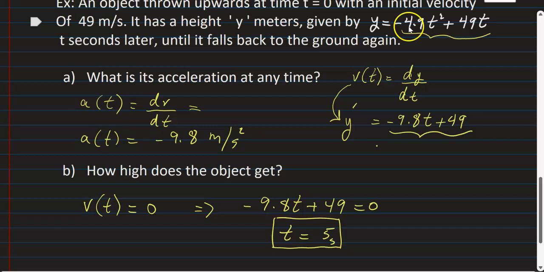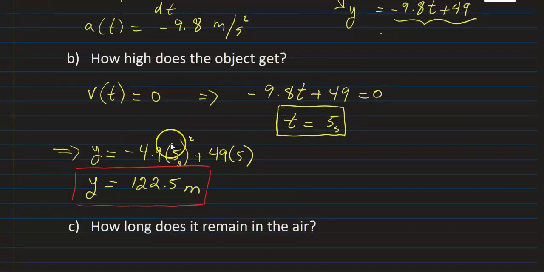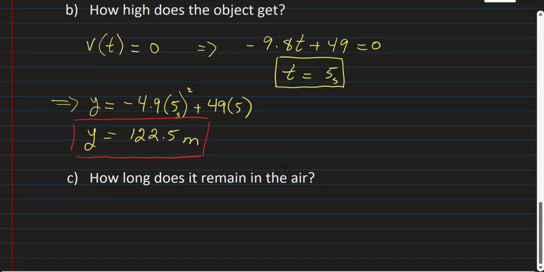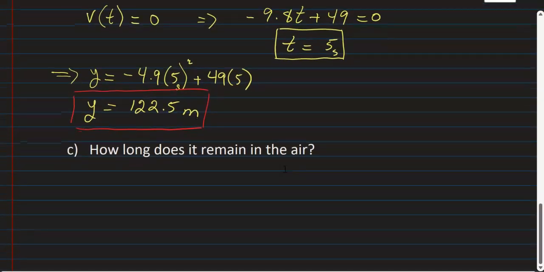I plugged the 5 seconds into the distance function, and when you do the math, you end up getting 122.5 meters. This is the highest distance, or altitude, that the object will reach when sent up at an initial velocity of 49 meters per second.